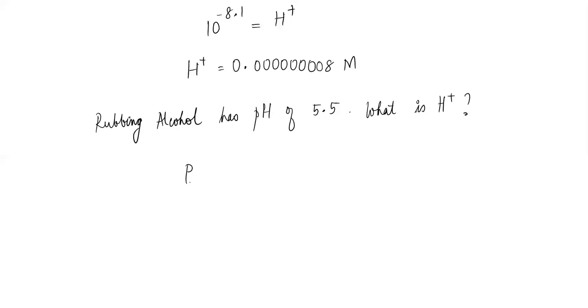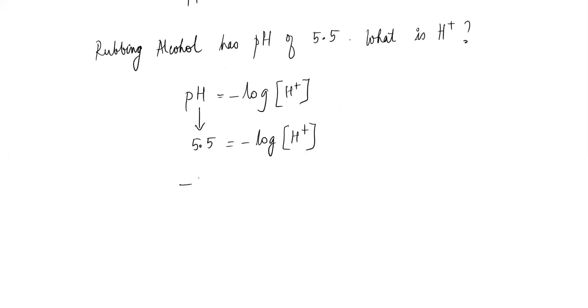Same story, pH equals negative log H plus. pH is 5.5, negative log H plus. Then divide both sides by negative, so you get negative 5.5 equals log H plus. Then raise both sides to the base 10, so 10 power negative 5.5. Here 10 power log, so 10 and the log will undo each other, so you get H plus.